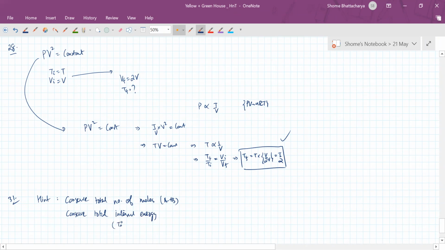That is the total kinetic energy of gas molecules for A plus B. So applying these conservation principles, you'll be able to find out the final answer. Just try this out.